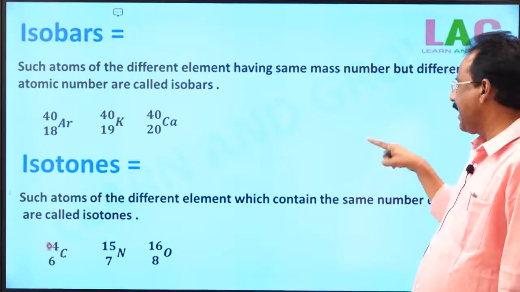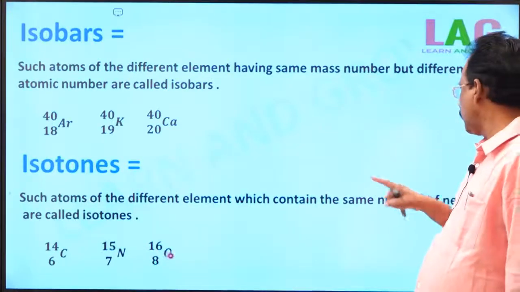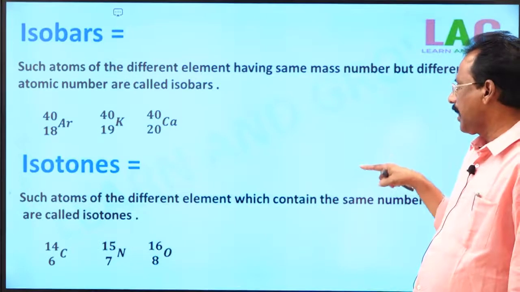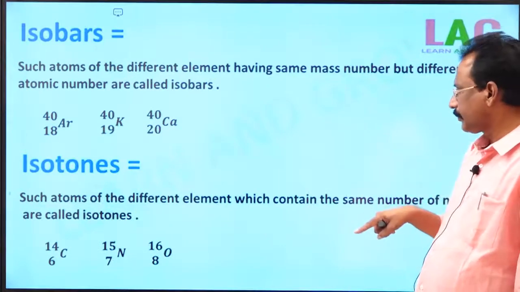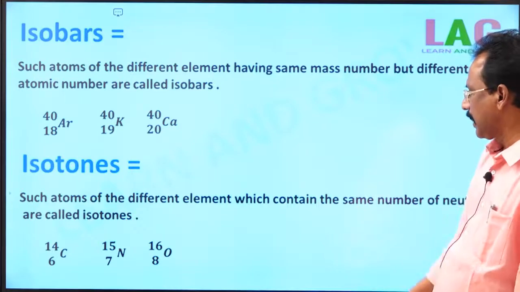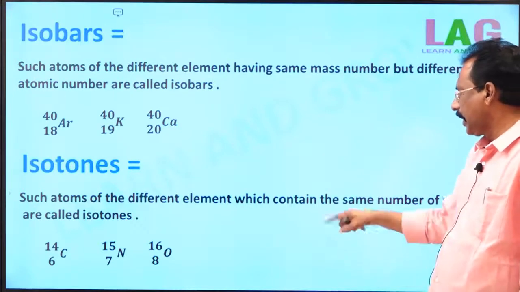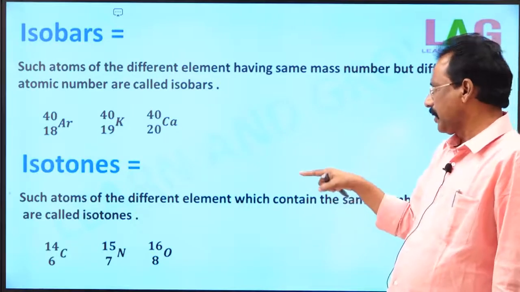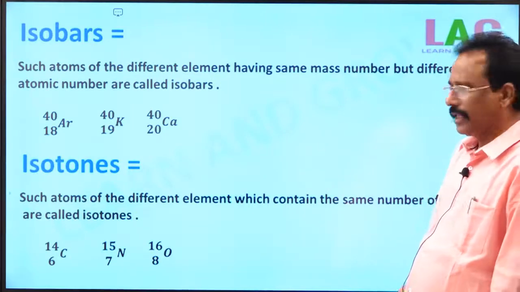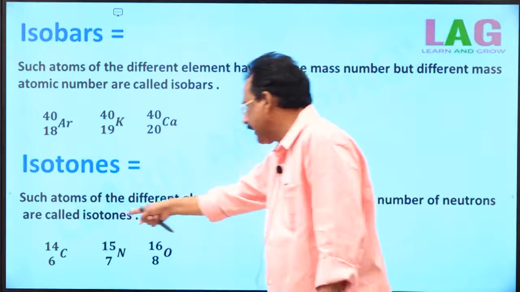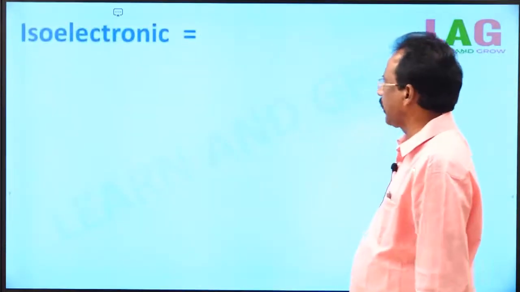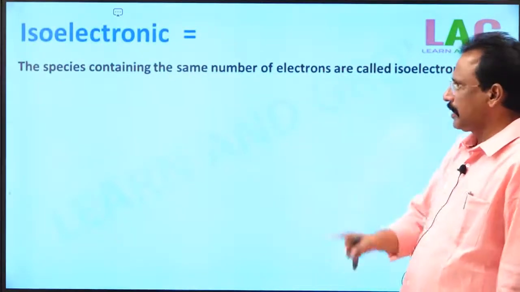Isotones means atoms of different elements containing the same number of neutrons. The best examples are carbon 14, nitrogen 15 and 8O16. The formula used to calculate the number of neutrons is A minus Z. So 14 minus 6 is equal to 8. In 8O16 also, 16 minus 8 is equal to 8.